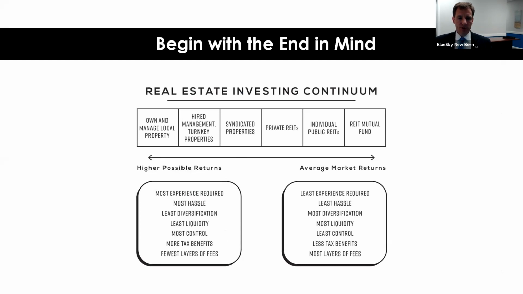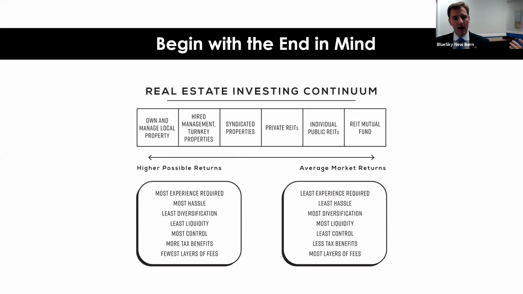I put this slide in here, begin with the end in mind. This graphic is something that I designed to try to illustrate how investing in real estate works. And you'll hear me constantly refer to the left side of the continuum and the right side. As we go through this presentation, you'll understand the fullness of this graphic. But for now, I want to introduce it.